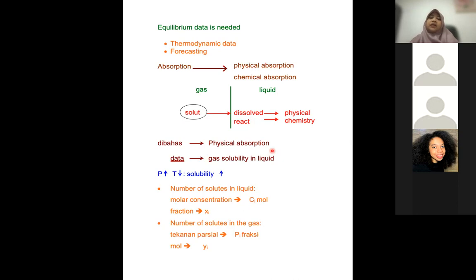And in a physical absorption, we have the thermodynamic data. And the thermodynamic data that we're going to use is called the gas solubility in liquid. Okay, think about Coca-Cola, yeah, Coke. Why does Coca-Cola taste fresh if we put it in the fridge, for example, for a while?